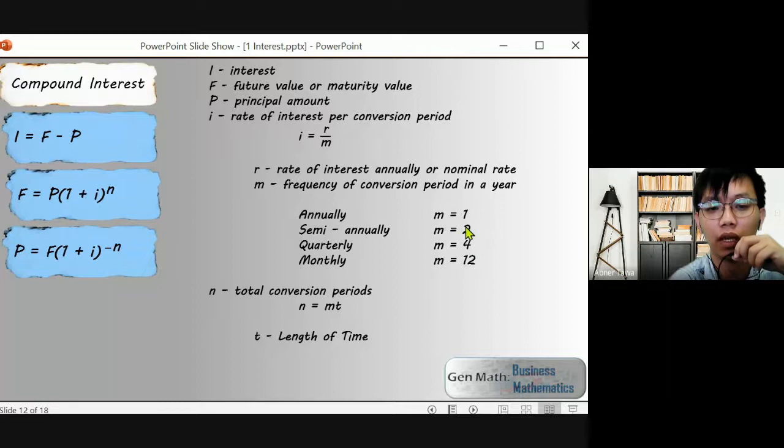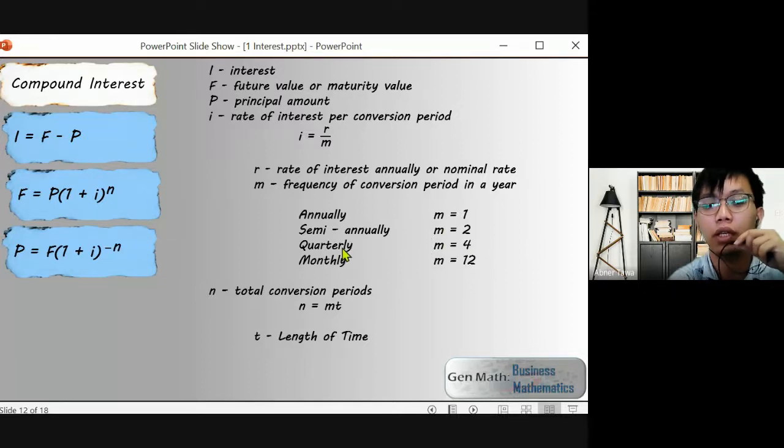So, saan nanggaling yung 1, 2, 4, and 12? So, annually, that is every year. So, ibig sabihin, pag 1 year, may 12 months yan. Just divide 12 months by 12, then that will be 1. Same lang dito sa semi-annually, that is every 6 months. And 6 months or 12 months divided by 6 is 2.